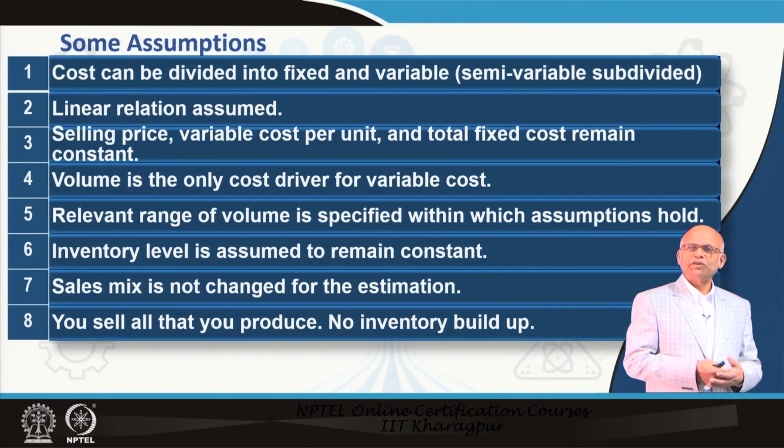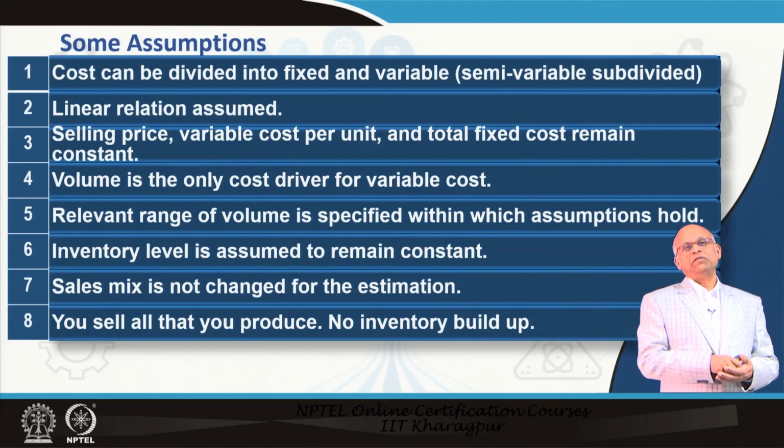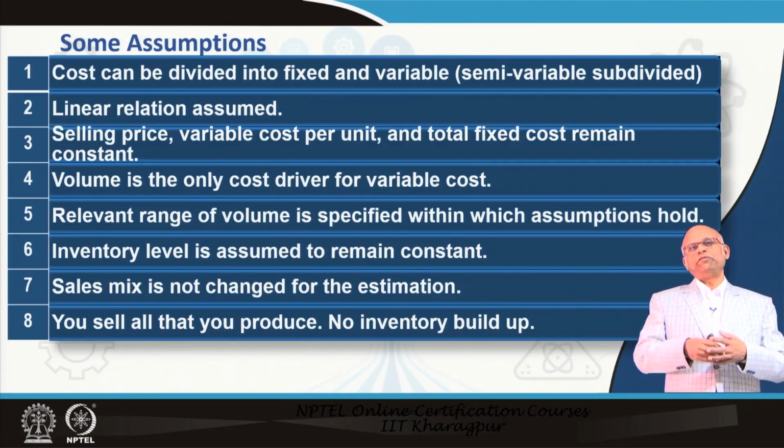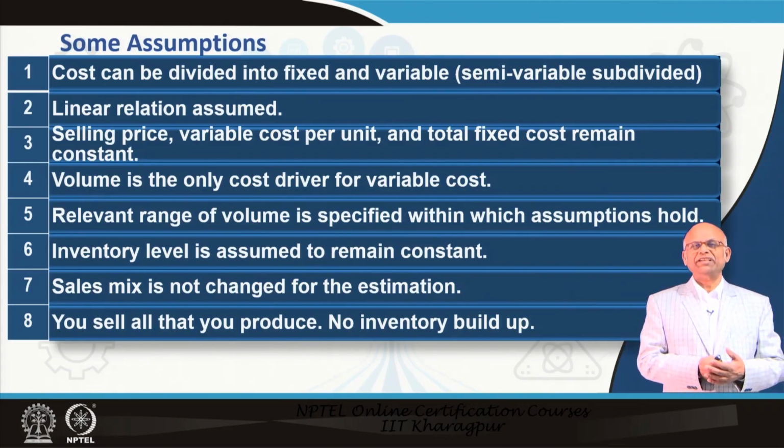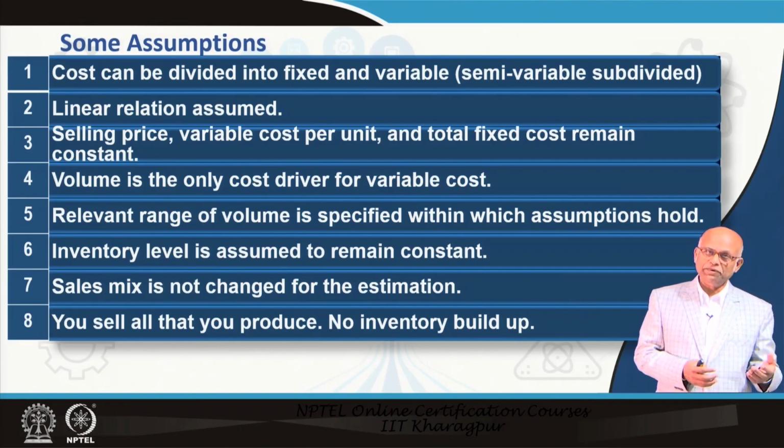Sometimes variable cost may go down because of volume, because if you buy more raw material, you may get it at a wholesale rate, whereas if you buy a smaller quantity, your price may be higher.